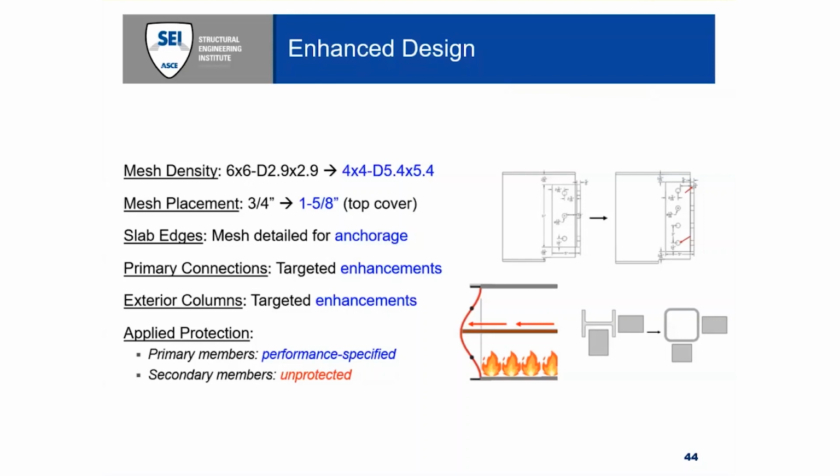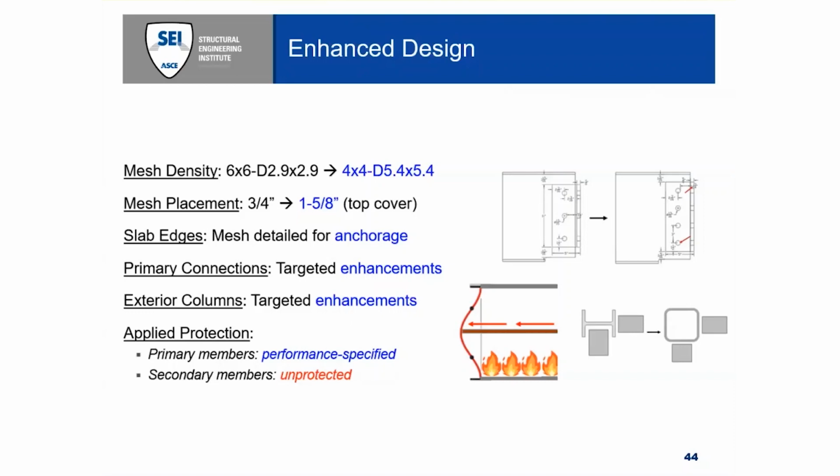Also, one thing that we looked at is as floors expand at the edge of the building, they're pushing out on the column. And this can lead to some failure modes of that column.